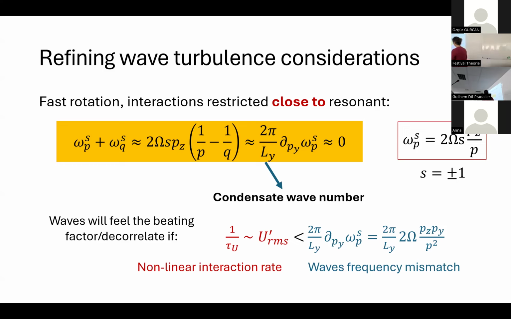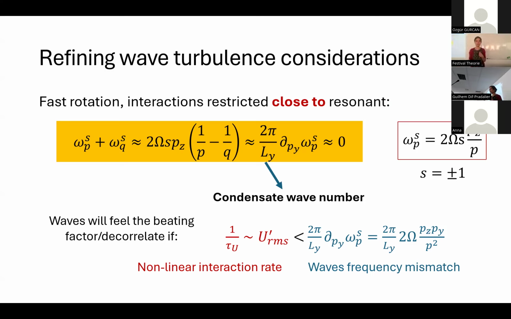If the frequency difference is smaller than the typical time scale over which we have transfer of energy, then they will actually be correlated. So for each mode, we have to check. It doesn't only depend on this omega, which is your rotation rate. It doesn't depend on the Rossby number alone, but for different waves, you have different conditions.